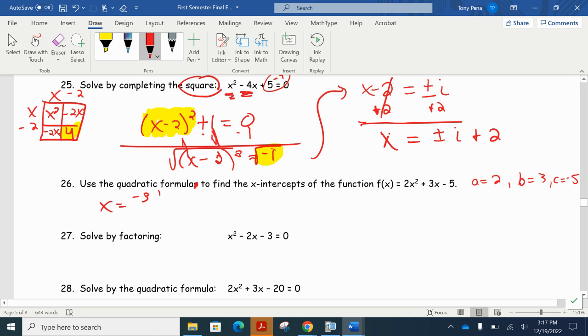And then quadratic formula, we would say plus or minus the big long square root of B squared, so 3 squared. And then we would always do minus 4 times A times C. A is the 2, C is the negative 5. And then all of that gets divided by twice A. A is a 2, so 2 times 2.